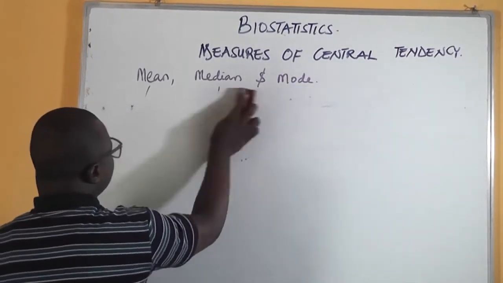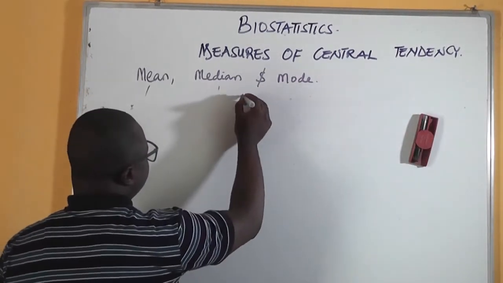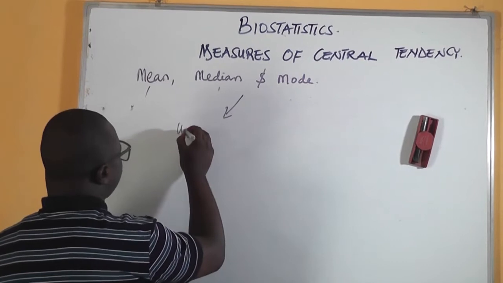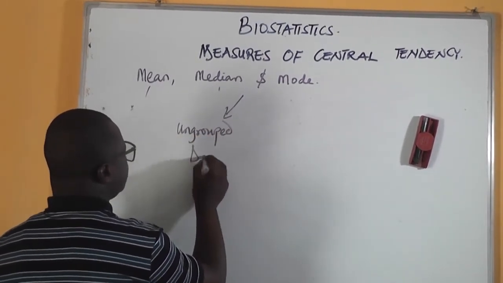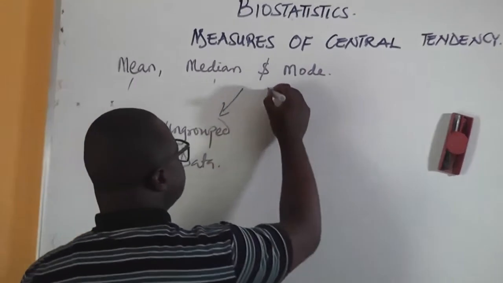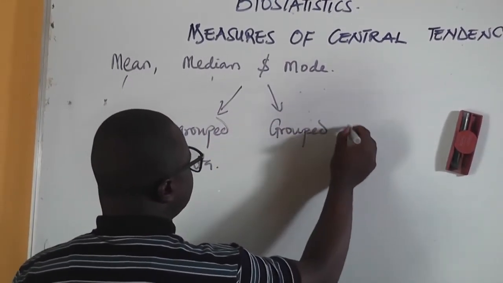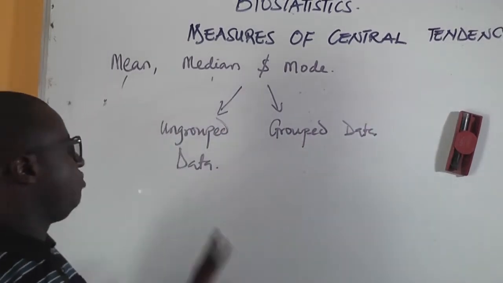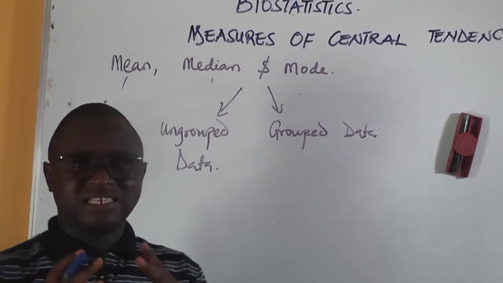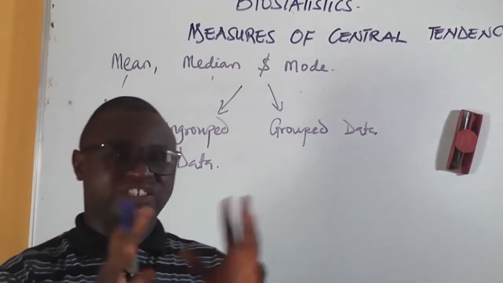we have two ways of calculating this. The first one is calculation for ungrouped data. Then the second one is calculation for grouped data. What do I mean by that? Ungrouped means the numbers are not in any table or they are not categorized.